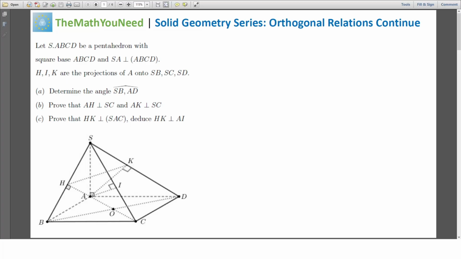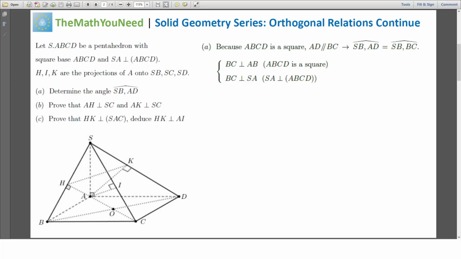And therefore, BC is perpendicular to plane SAB. Consequently, we have SB is perpendicular to BC. And as a result, the angle between SB and BC is the angle SBC, which is 90 degrees.